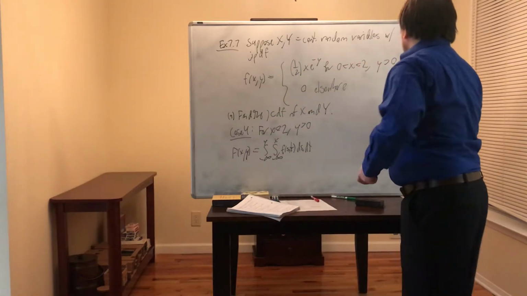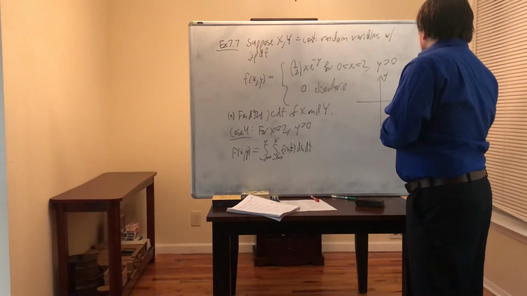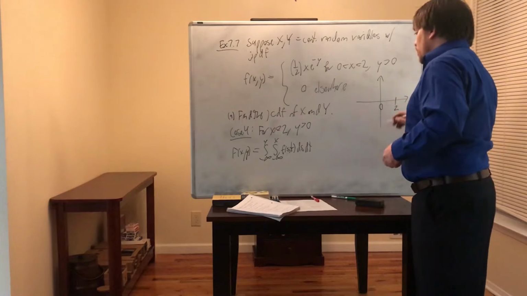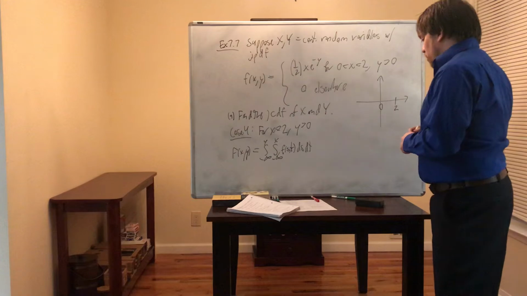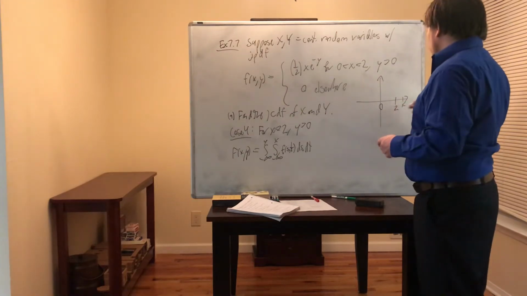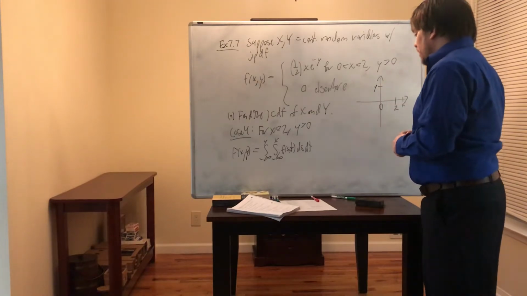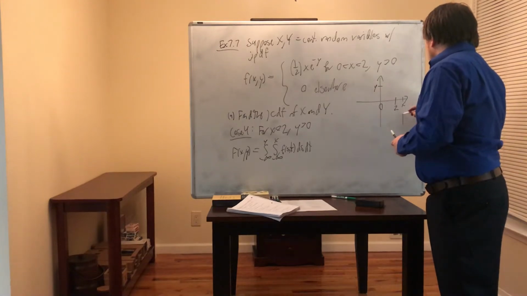If we look at this again, this is x and this is y, the x-axis and y-axis. Then if this is 0 and this is 2, and x is greater than or equal to 2, y is positive, then the cumulative distribution function will consider this region.